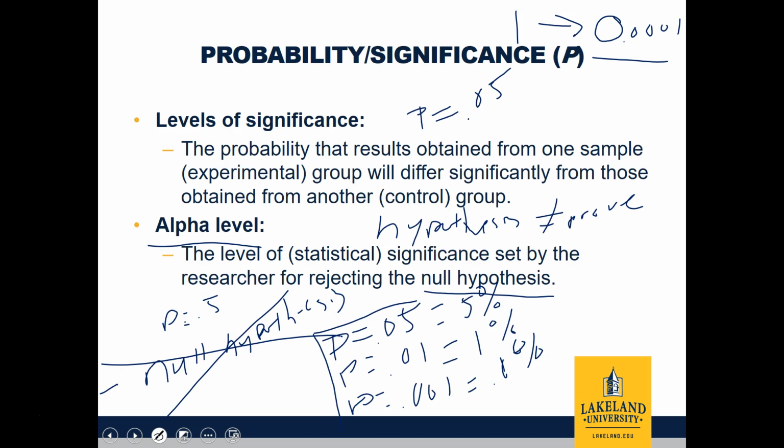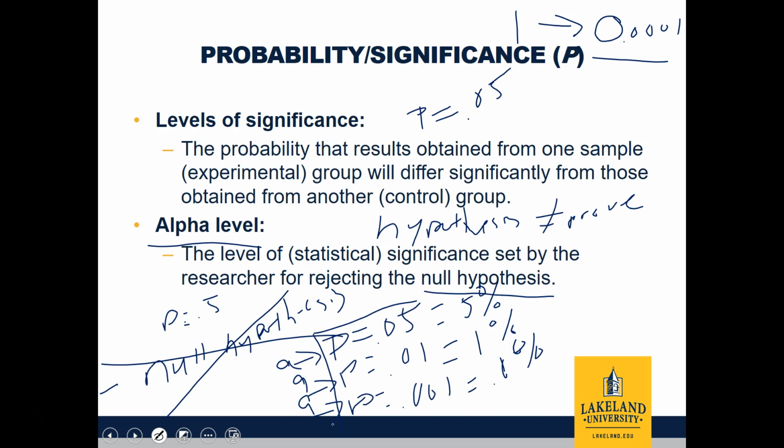The alpha level, we may have a little small letter a. That's going to be the level set by the researcher of how certain do we need to be, and how much error can there possibly be in our data, where we're going to say, okay, are we 95% sure about this thing? It's close enough.